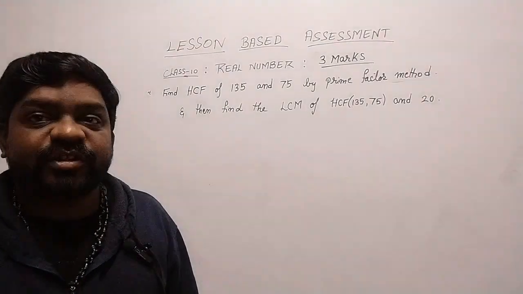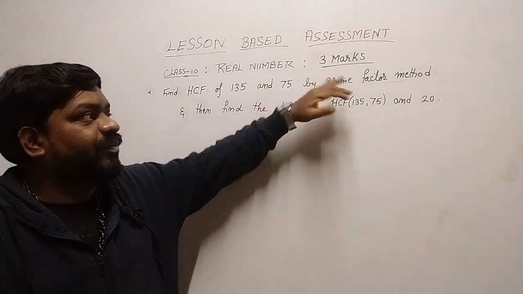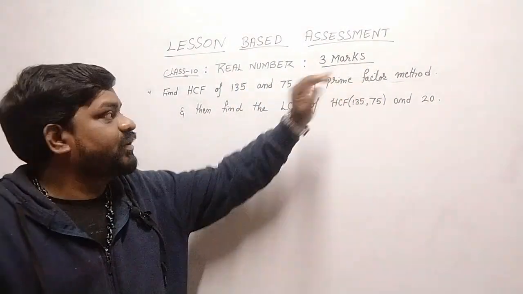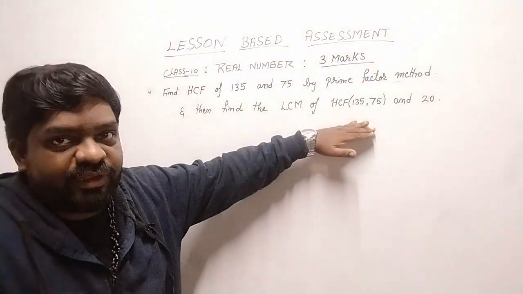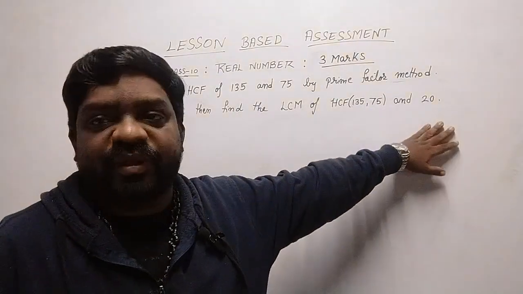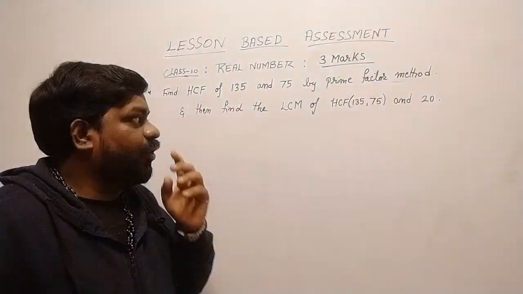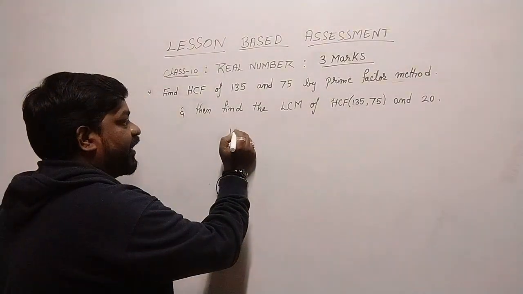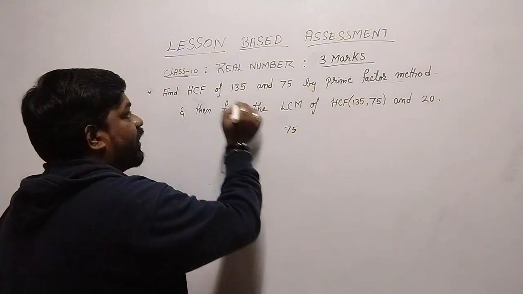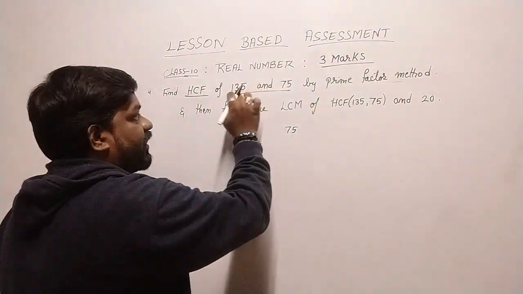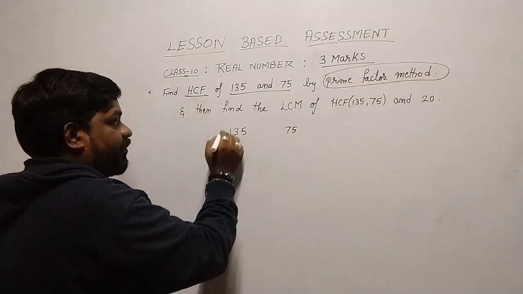Look at the next question. Find HCF of 135 and 75 by prime factor method, and then find the LCM of the HCF of 135, 75 and 20. Okay, before solving, you need to read the question properly. First, we need to find the HCF of 135 and 75 by prime factor method.